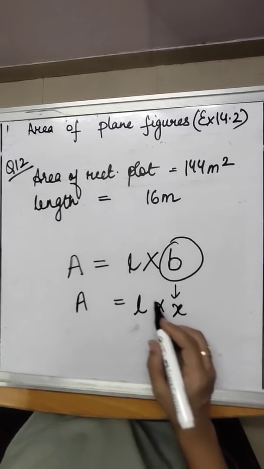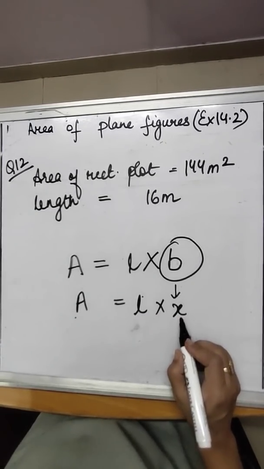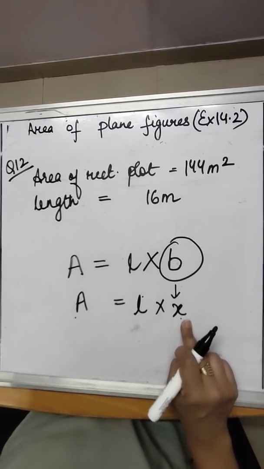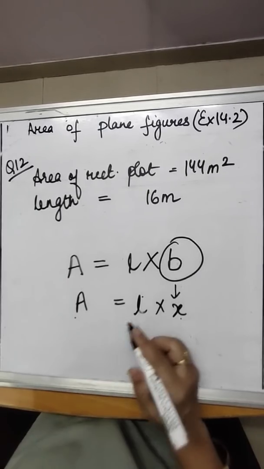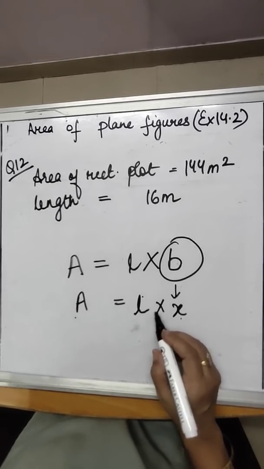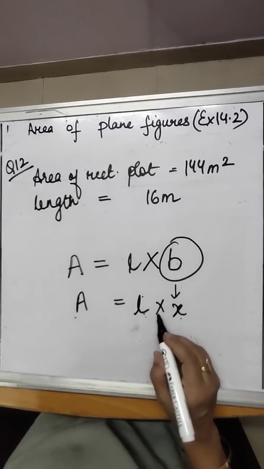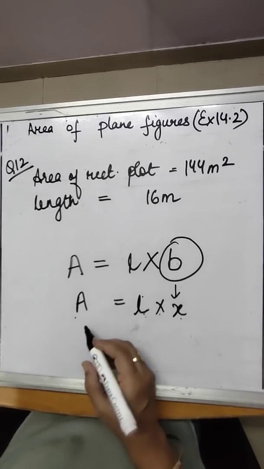So what we do? We bring this known value to this side, so that we can find out the value of X. If we have to find out the value of X, what we do? We bring the known values to one side. So if I bring this value to this side, it is right now in multiplication. So whatever in multiplication goes to the other side and goes to division. Okay.